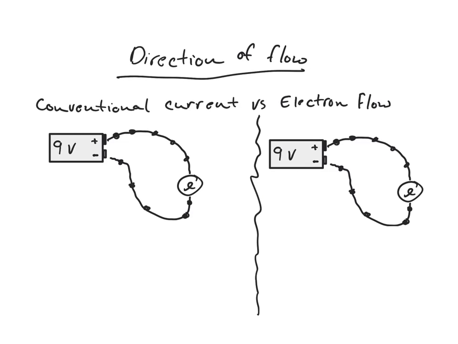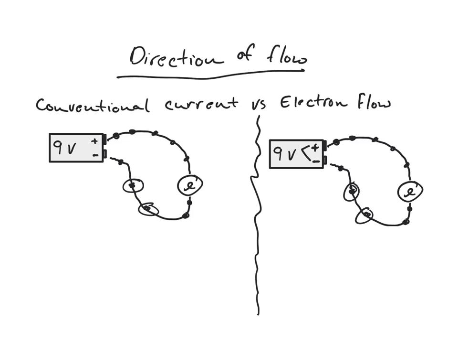Before we go any further, we need to discuss the direction of the flow through the circuit. As we discussed earlier, a 9-volt battery creates a positive and negative charge, or rather a difference between the terminals that is equal to 9 volts of potential energy on electrons. And throughout the circuit, we have a bunch of electrons in both sides.